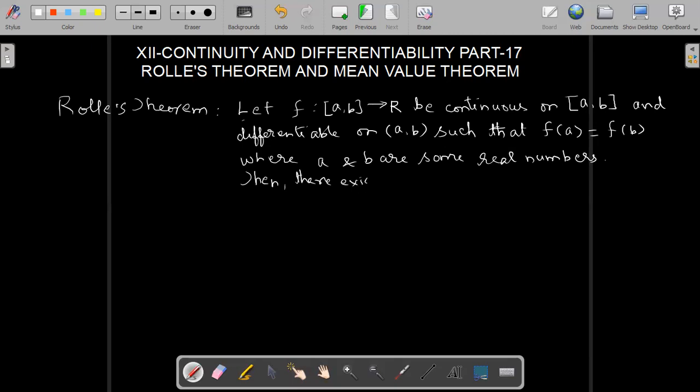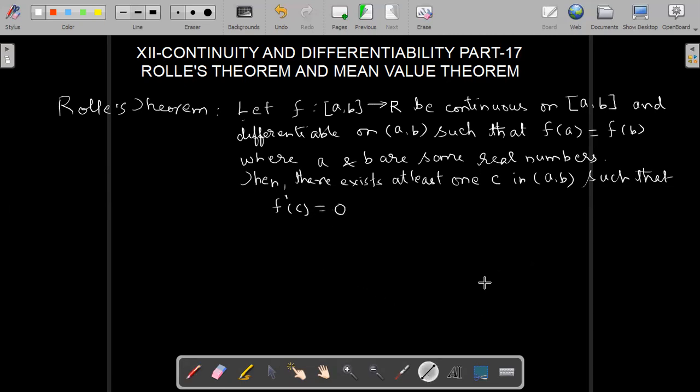There exists at least one point c in the open interval, which means it should not be at the endpoints a and b, such that f dash c is equal to 0. Okay, so let me explain it.